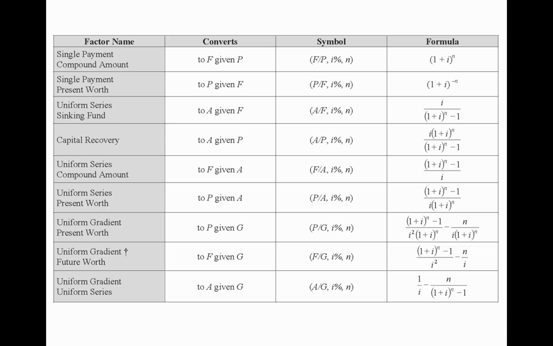So I wanted to refresh the suggestion that you familiarize yourself with this equation table and how to calculate the factors. Because remember, there are some interest rates like 7.2% where we don't have a table for that. And so you couldn't use the table lookup method for some of the interest rate possibilities that exist. And in a case like that, you'd need to be able to use these equations.